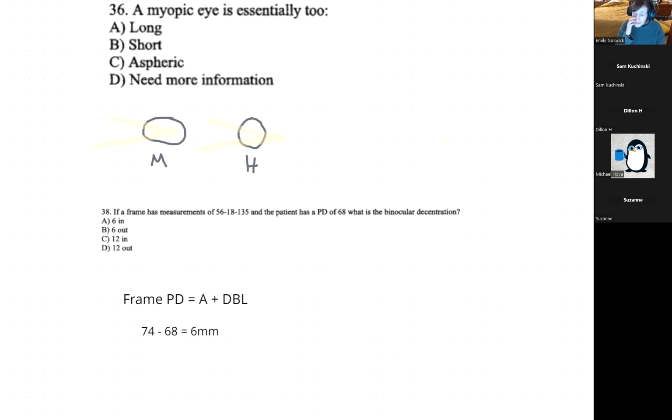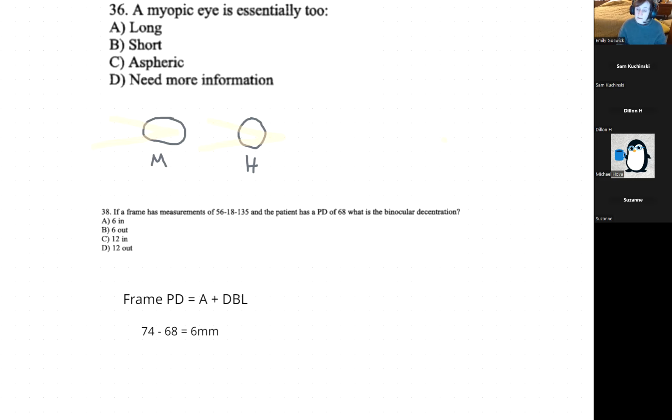In this case, oftentimes the thing that you need to watch out for is that sometimes with these questions, they're going to try to trick you and make it confusing by having it be binocular decentration or monocular decentration. In this case, this is binocular. They're not splitting it up. If you see numbers in the 30s, it's usually going to be just one eye, monocular.